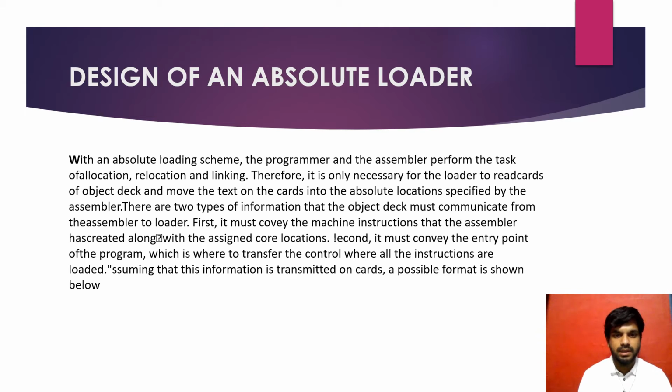First, it must convey the machine instructions that the assembler has created along with the assigned core locations. Second, it must convey the entry point of the program, which is where to transfer control once all the instructions are loaded. Assuming this information is transmitted on cards, a possible format is shown below.